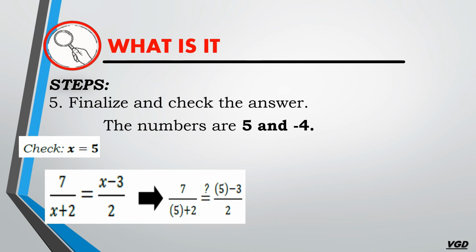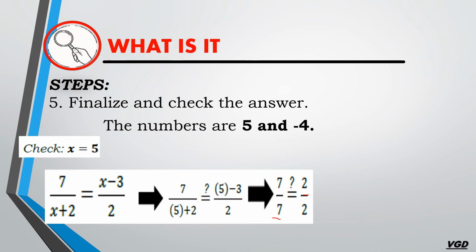And now we're going to simplify the numerator and denominator of the first fraction and the second fraction. So we will have 7 over 5 plus 2 is equal to 7 over... yes. And 5 minus 3 is equal to 2 over 2.